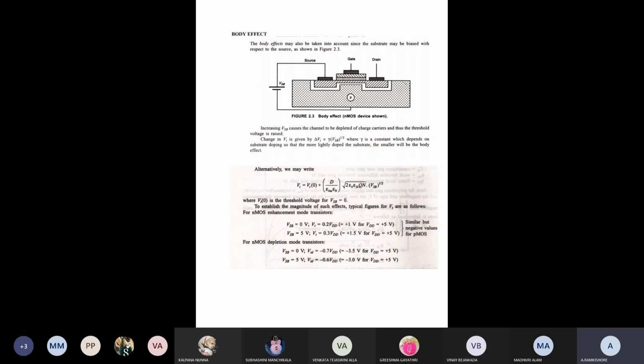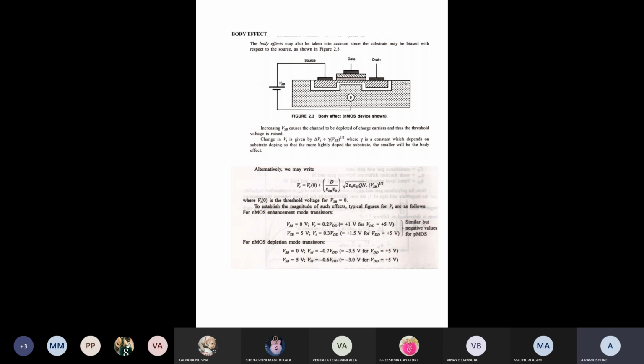Here we are considering two same devices, but the source to substrate voltage varies from one device to another.